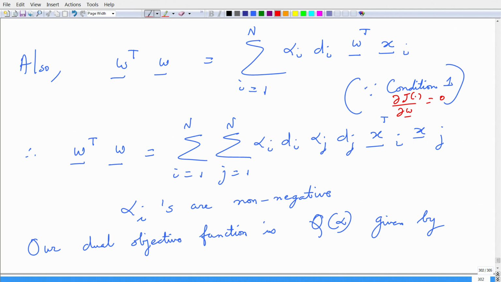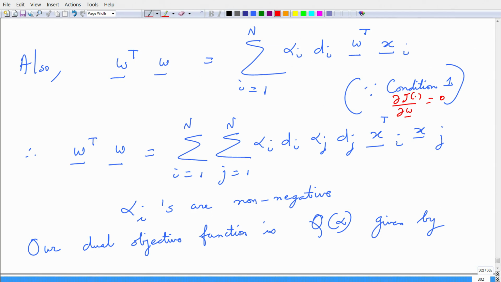Now, W transpose W is basically the summation i equals 1 to n, summation j equals 1 to n alpha i d i alpha j d j x i transpose x j. This is straightforward. I just plug in W transpose and then I expand this out, and I have to have two different variables i and j.